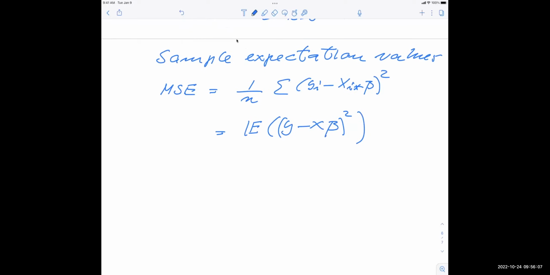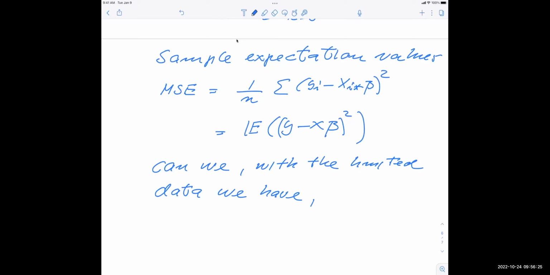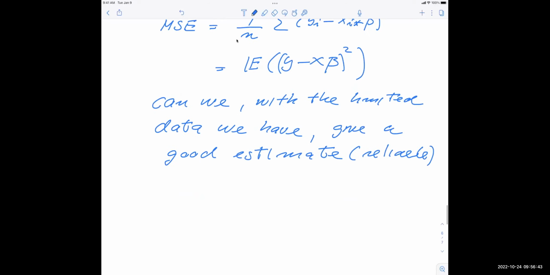So the question now is, with the limited data we have, can we give a good and reliable estimate of various sample expectation values?